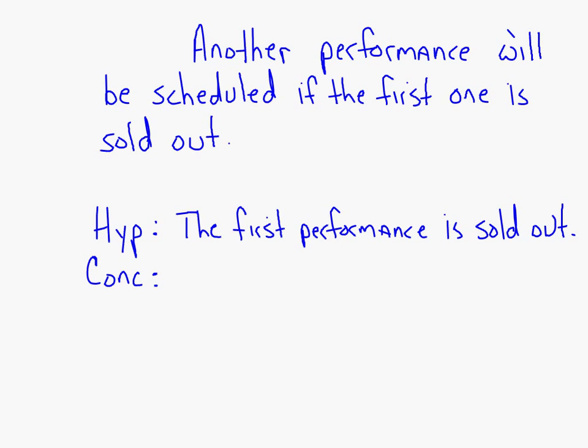And the conclusion, yes? Another performance will be scheduled. Or in this case, could you say another one will be scheduled? You've already let everybody know that it is a performance.